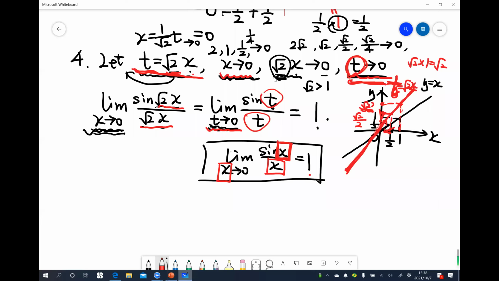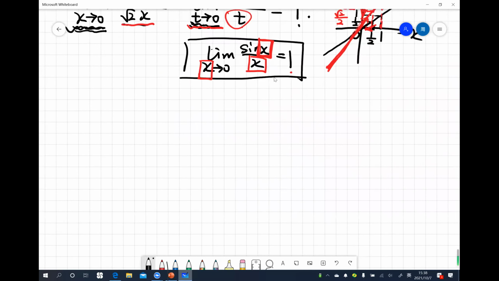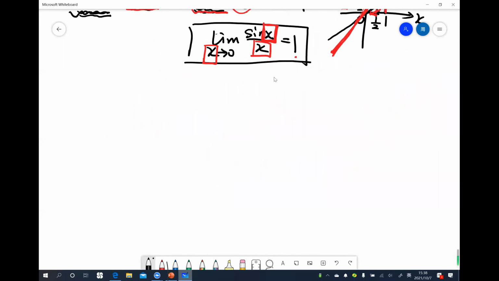Okay, other questions here? Laoshi, I think you can give us another example with the same method. Of course. Now I will give you more exercises, but you have to know the formula first, this one, and the second one that is a more general one.